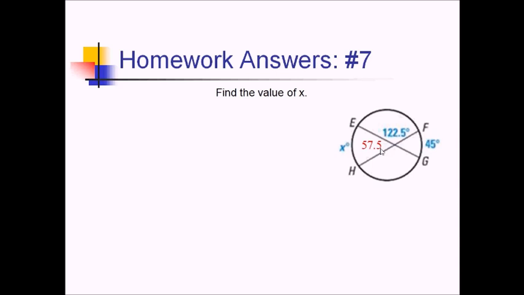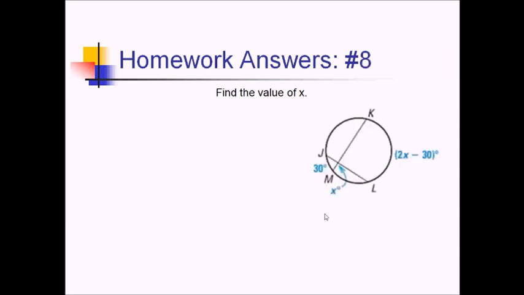Yep. So then 57.5 is going to be one half of X plus 45. Easiest way to solve this is multiply everything by 2. So we're just going to double this 57.5, that's going to come out to 115. And then subtracting the 45, that's going to give us 70.